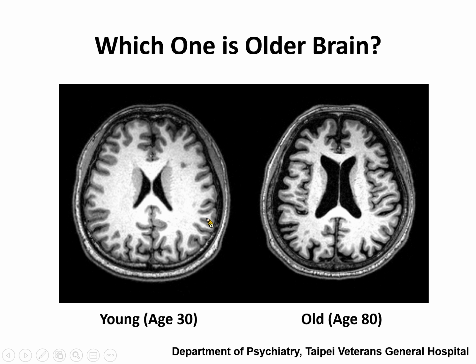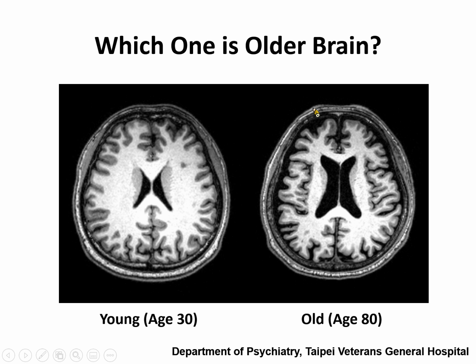So what's the difference between these brains? You can see this brain is very intact, and there's not much black space between the skull and the brain tissue. That means the brain has no atrophy, which means a decreased volume of the brain. In aging, people typically have loss of neurons, and this loss of neurons results in decreased brain volume.